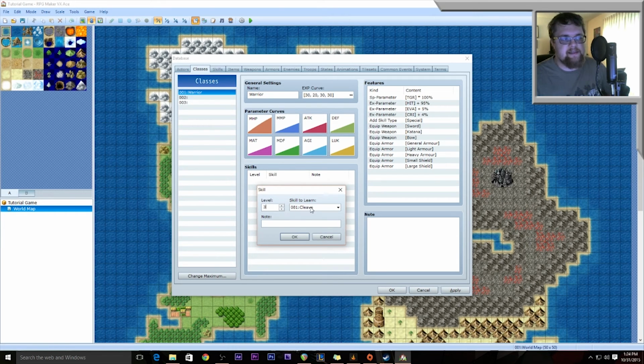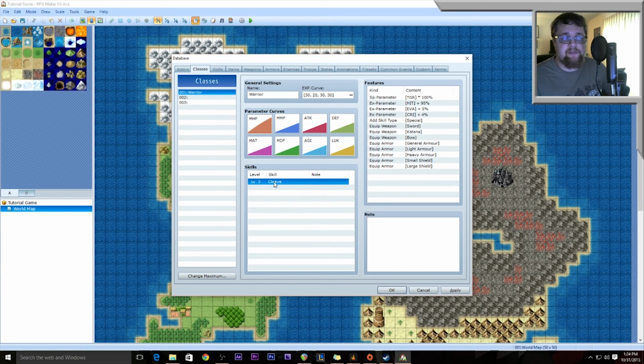So we define the level, we define what skill we want him to learn, and click OK. So now at level 3, as our character levels up, when he reaches that level, a little message will pop up and be like, this person learned cleave, and now cleave will be in their special skill type menu in battle. Pretty nice stuff. So you just go through here and you define what level and what skills and stuff.